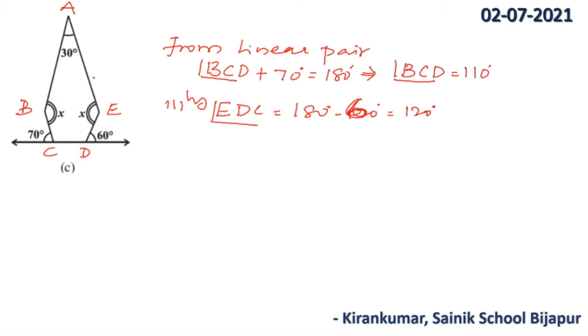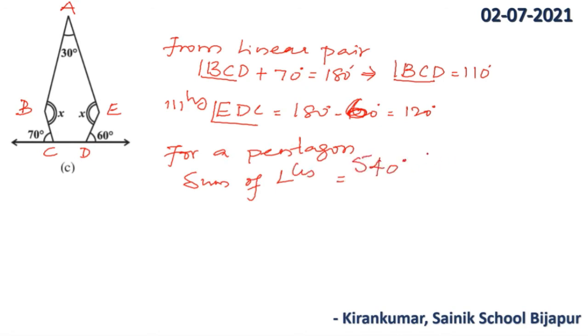Now we have got the interior angles. For a pentagon, the sum of angles will be equal to 540 degrees, because it is 5 minus 2 times 180 degrees, which is 540 degrees.